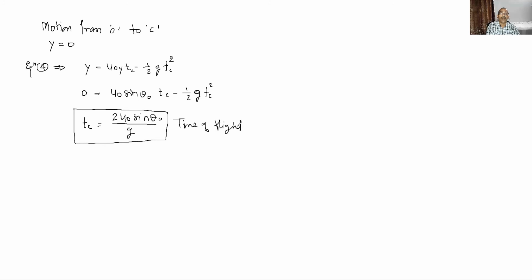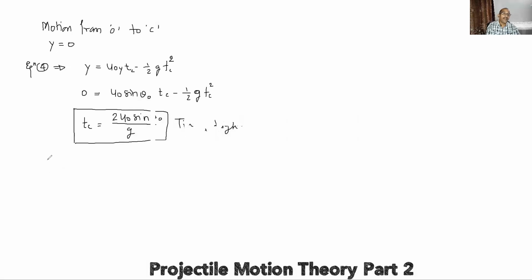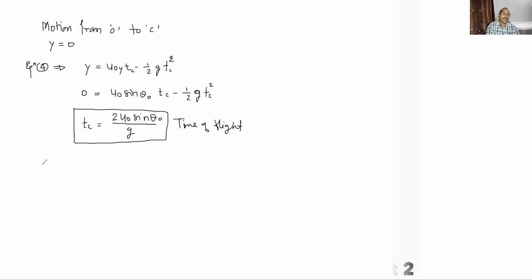Now to find the range. Range is the horizontal distance. Therefore, if we use the equation of x, which is u0x into t, what we get is u0x, which is u0 cos theta 0, times the time required to reach the final location C, which is 2u0 sine theta 0 upon g. Substituting the calculated time of flight here, we get u0 into u0, that is u0 square, upon g, and one is the cos theta term, the other is 2 sin theta.